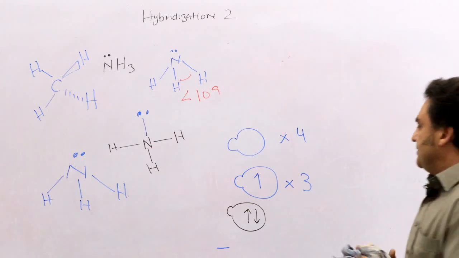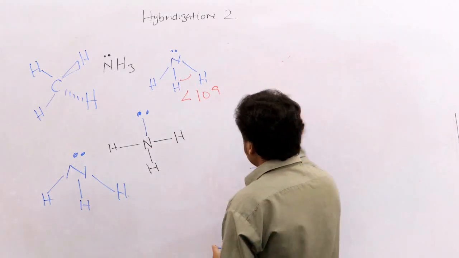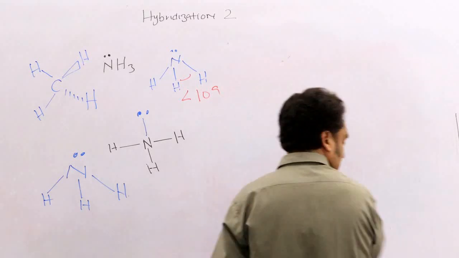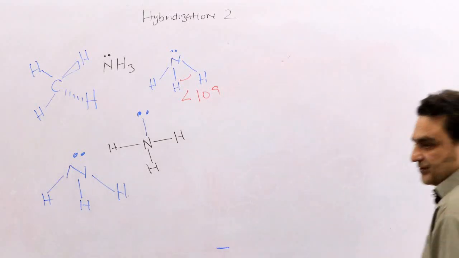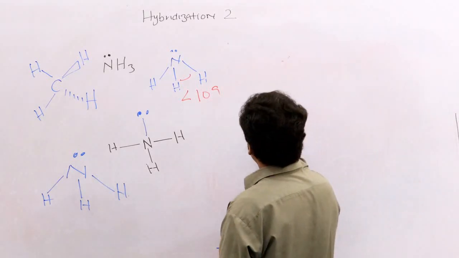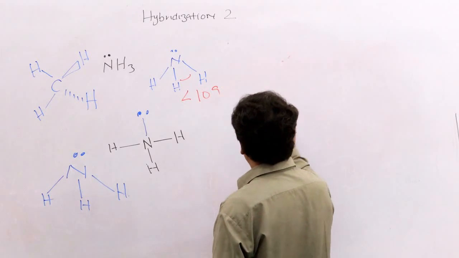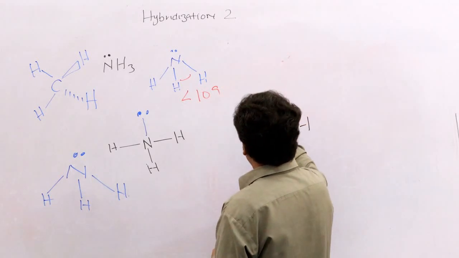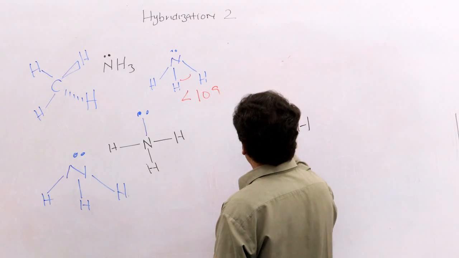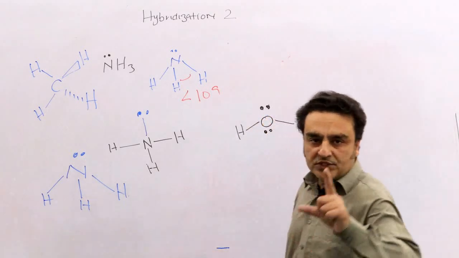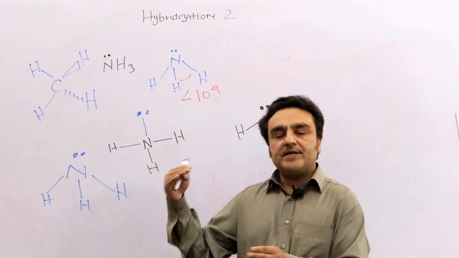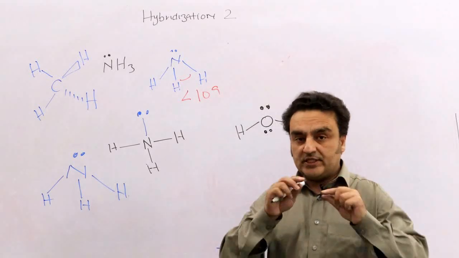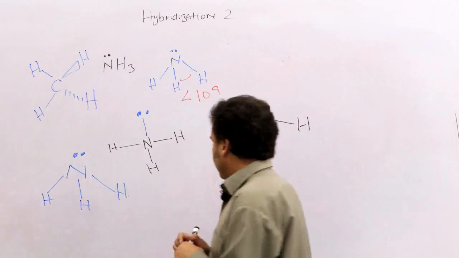Now let's move to another molecule, the H2O molecule, again a part of this series, O-H, H. Its angle is even less than 107 degrees. So how is hybridization going to explain the experimental angles and lengths?